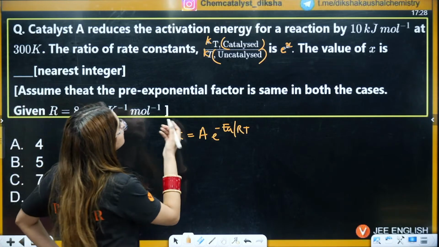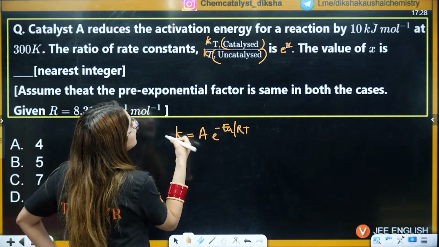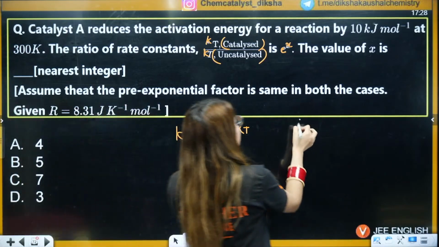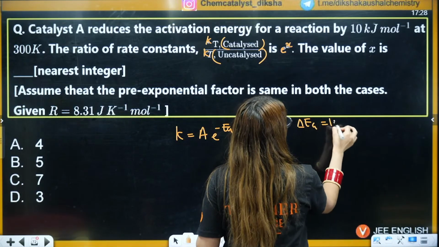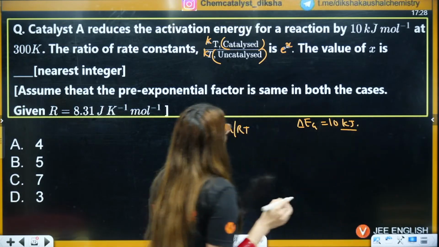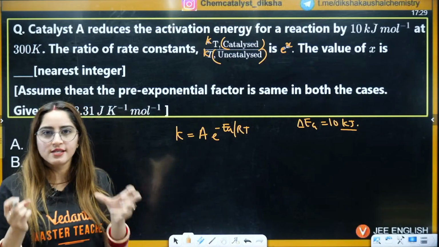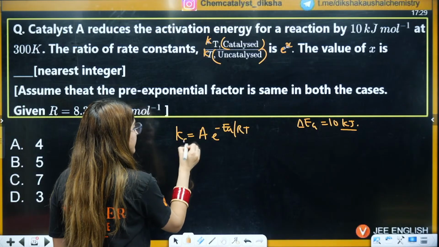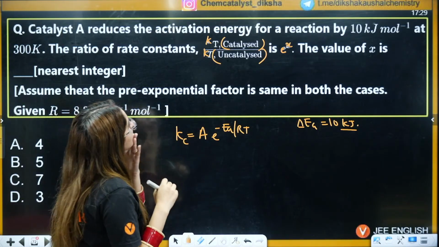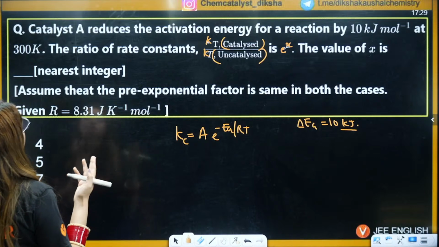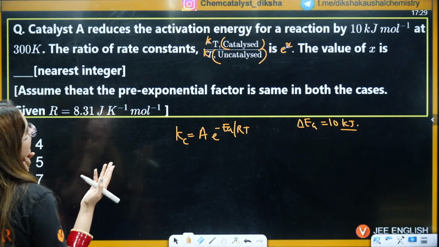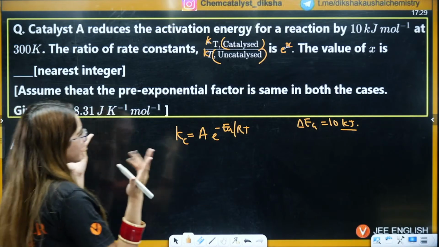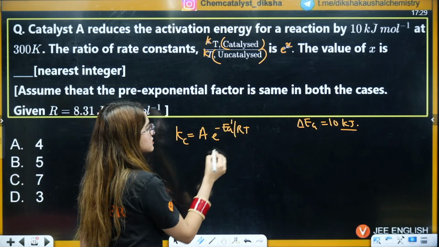So we know that we have to take the ratio, k with the catalyst. See, they have given you the value of delta Ea, that is 10. That means the energy change is 10, right? So here we can write that K with catalyst is A with catalyst, e raised to power minus Ea dash by RT.